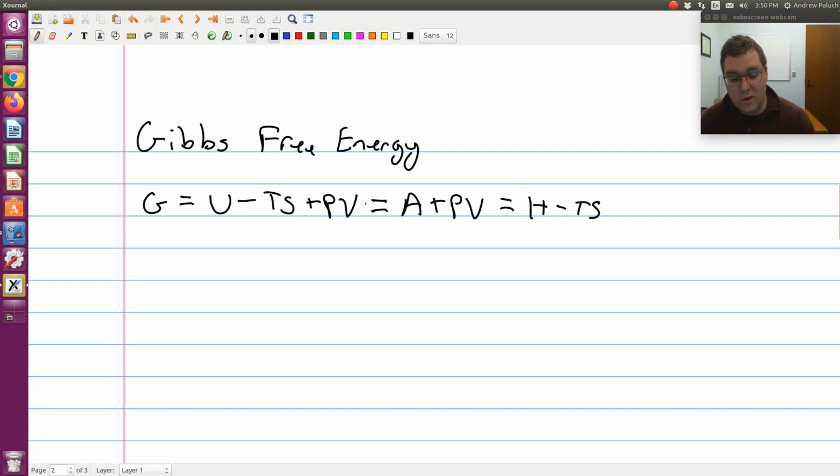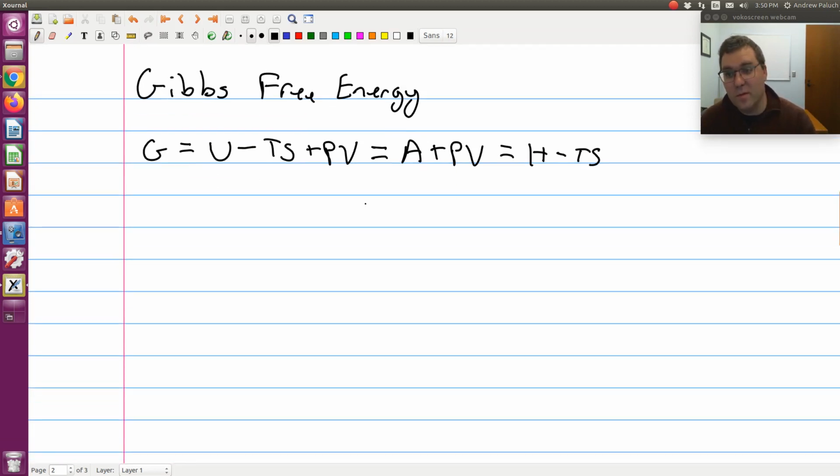So essentially ignoring what we've done before, or to keep things consistent, to work out the differential of G, the differential of G would be equal to the differential of U minus the differential of TS plus the differential of PV.